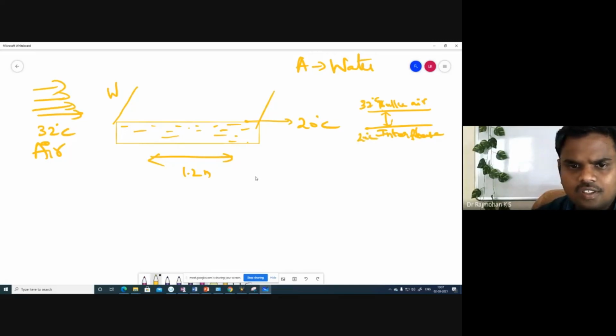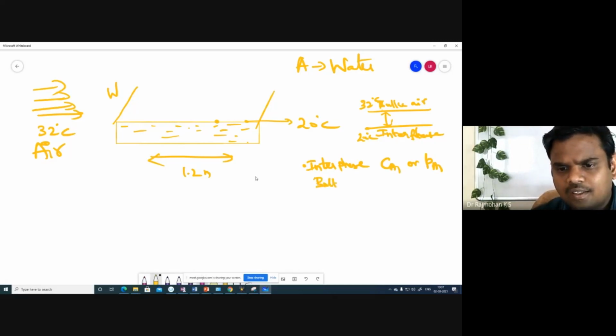At the interface we have concentration Ca1 or Pa1. At the other end of the film we have bulk air, in the bulk we can say Ca2 or Pa2, or we can denote it like Ca infinity or Pa infinity.